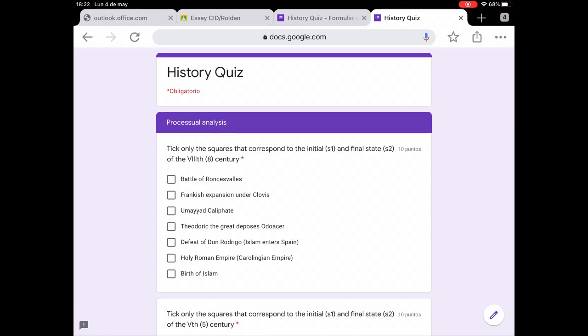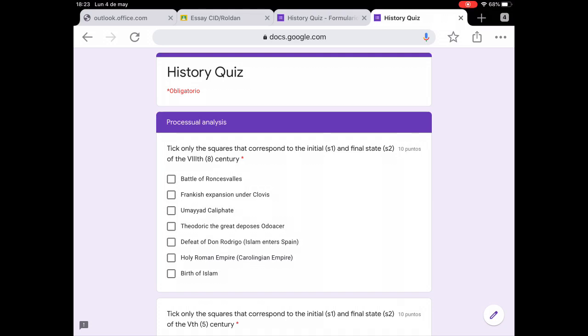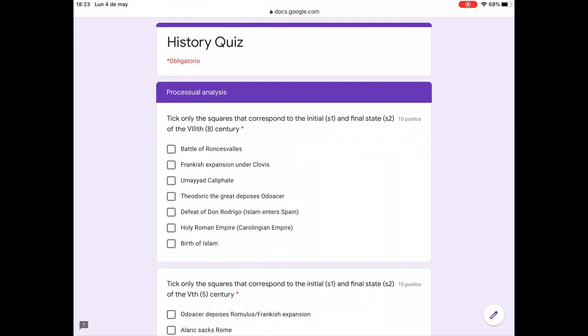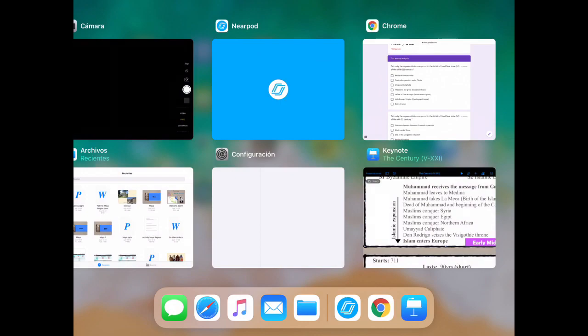Now in this exercise you only have to choose the beginning and the end of the century, and it is basically the same because all of them are worth 1 point. If you chose one correctly, I would give you half a point. So it is basically the same exercise. Tell me the beginning and the end in here of the 8th century.